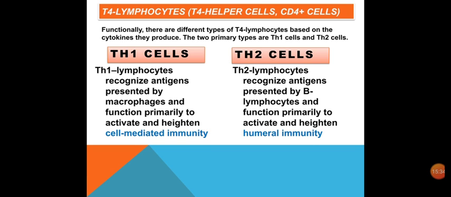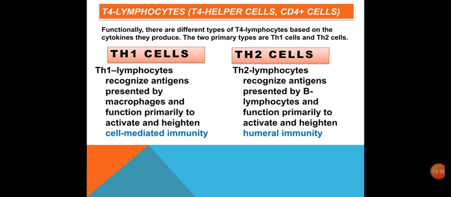T4 lymphocytes or T4 helper cells or CD4 positive cells. Functionally, there are different types of T4 lymphocytes based on the cytokines they produce. The two primary types are T helper 1 cells and T helper 2 cells.